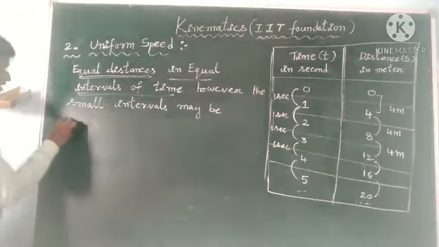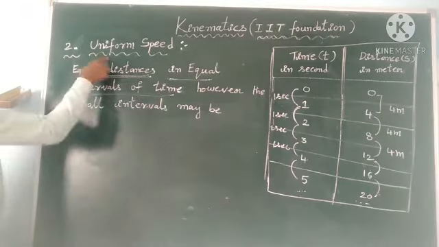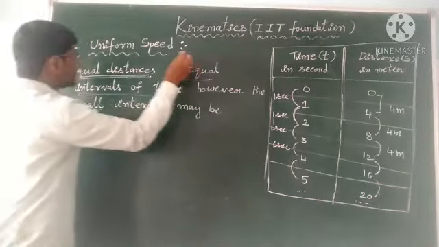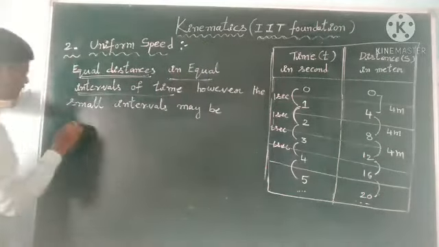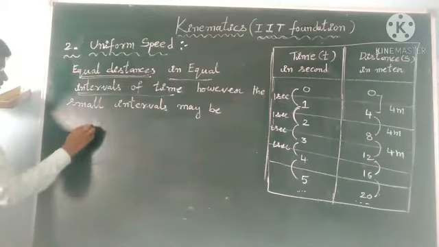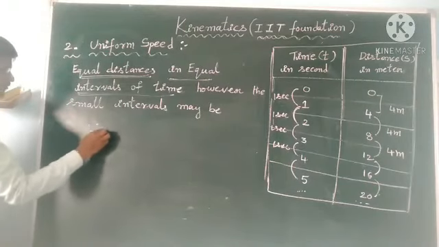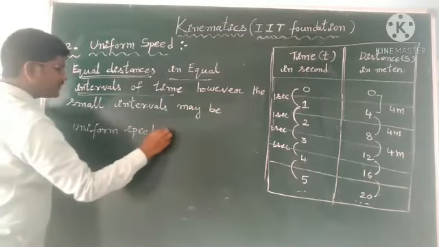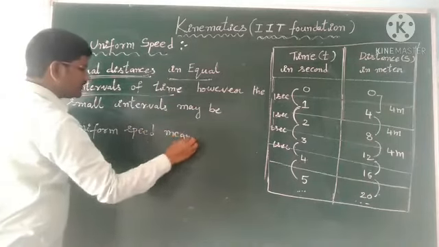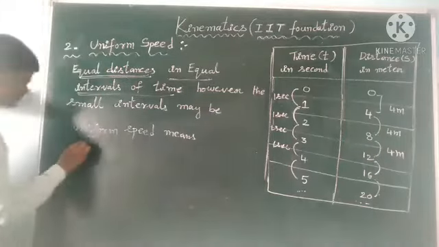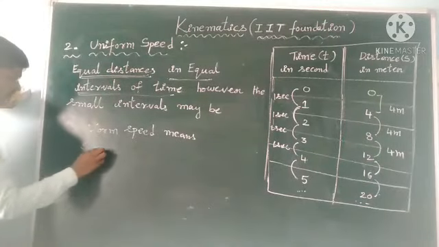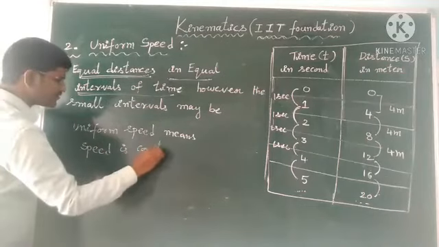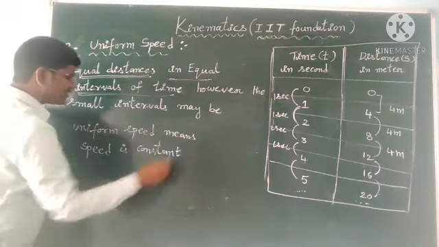And remember, my dear students, uniform speed means speed is constant. In the brackets also you can write it. Uniform speed means speed is constant.